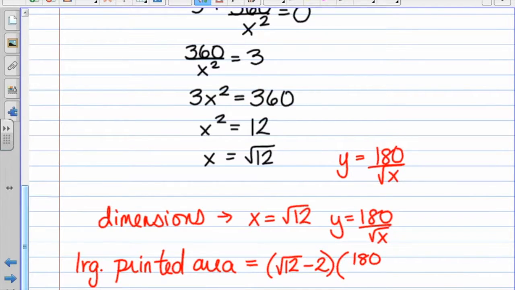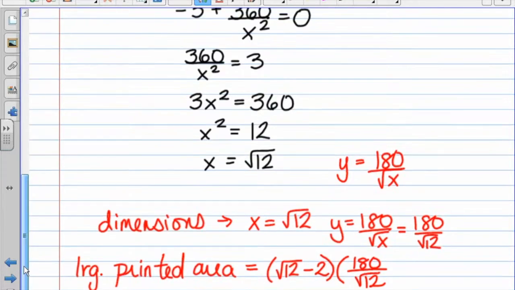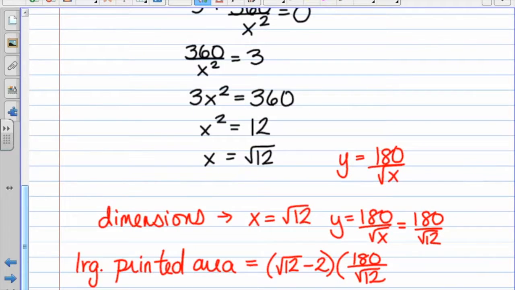Is it asking for the dimensions, or is it asking for that largest area that you can get? Okay. And again, you can simplify this and give yourself some decimals. The area is in inches squared. Your dimensions would just be in inches.